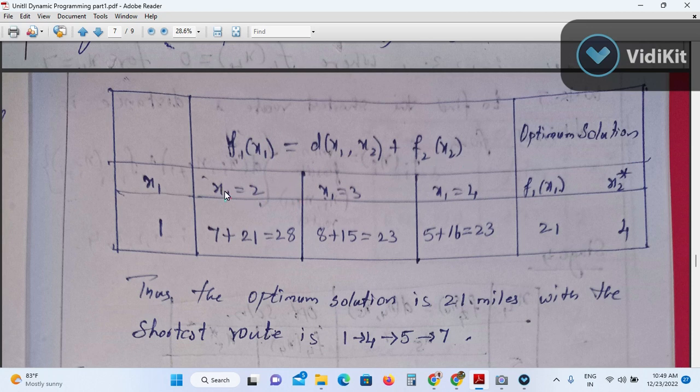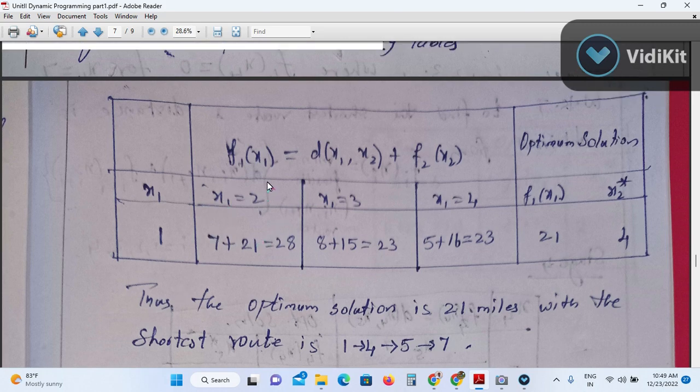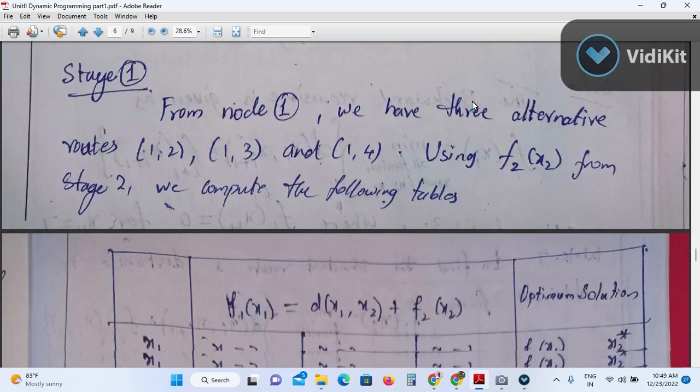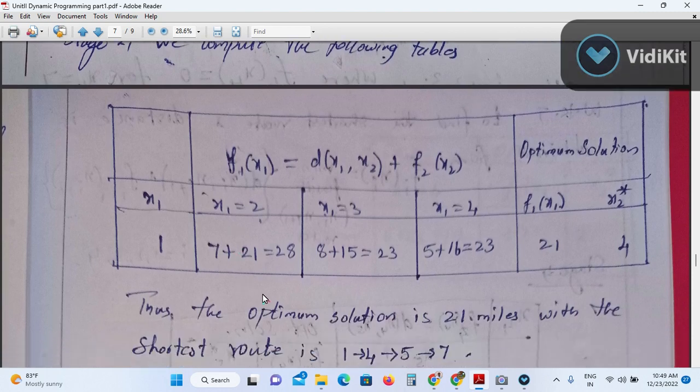So you take all the options for going back from 2 to 1, 3 to 1 and 4 to 1. At node 2, from the previous table, it is 21.